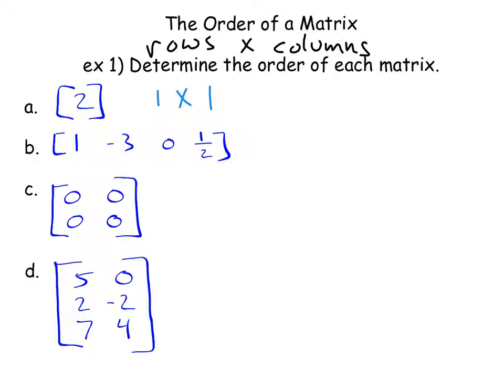When you're talking about the order, just remember that it's rows first. So in part B, rows go down the sides, and there's just one of them. It has 4 columns, so that matrix is a 1 by 4.